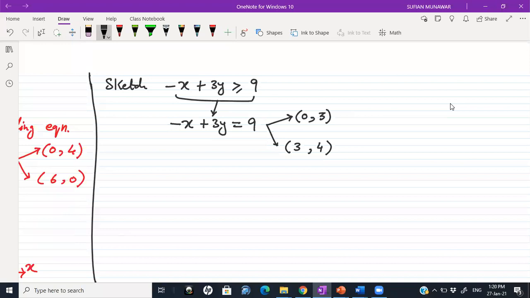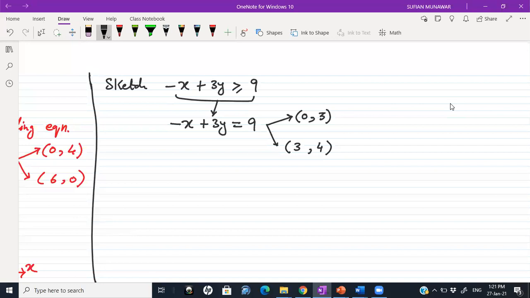Similarly, if you take 6, that is also better, because we will get 5. If you take 9, you will get 6. So a multiple of 3 is better, but it is not required. It is not required that you always keep such a number that you get a whole number.